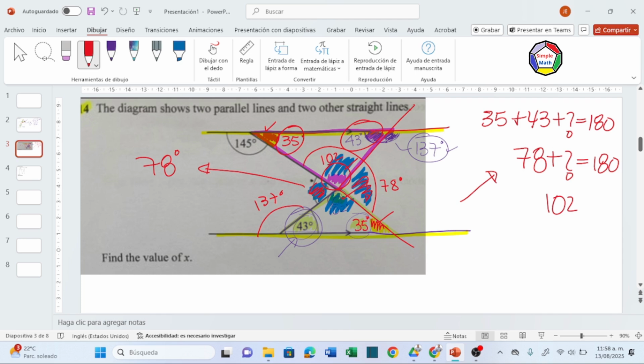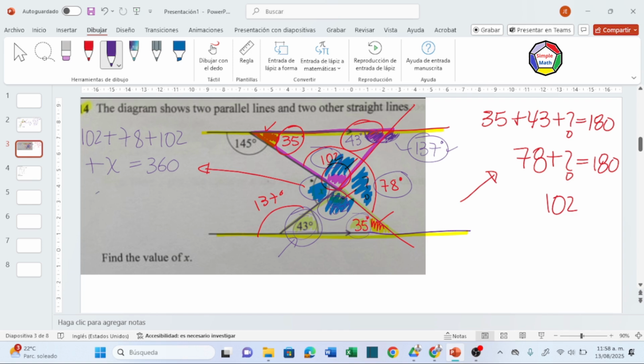If you don't trust me, I can solve it in another way. Which is the other way? Well, I will take 102 plus 78 plus 102 plus x, which must be equal to 360 because it makes a circle. So let's add 102 plus 78 plus 102.